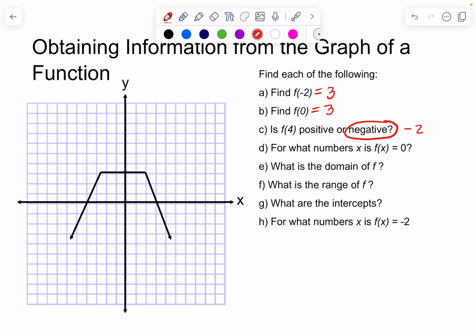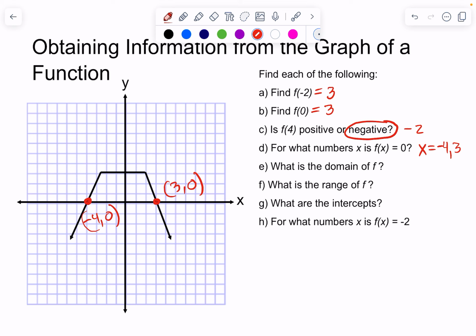So in other words, they're looking for the x-intercepts. And if you notice over here, when x is negative 4, y is 0. And over here on the right side, when x is 3, y is 0. So for what numbers or values of x is f of x 0? When x equals negative 4 and 3, f of x or y is 0.